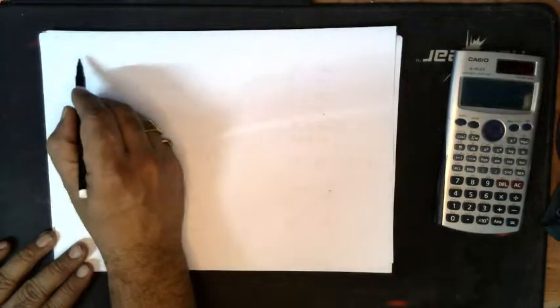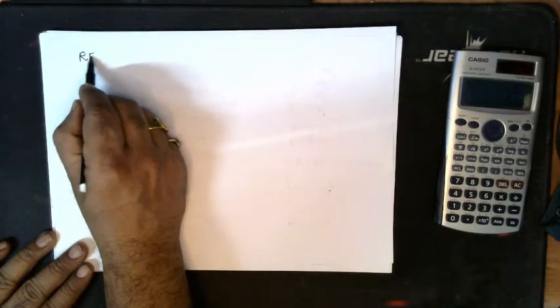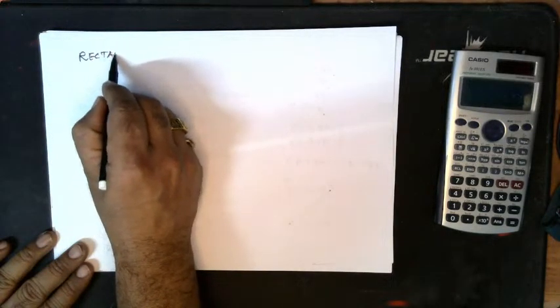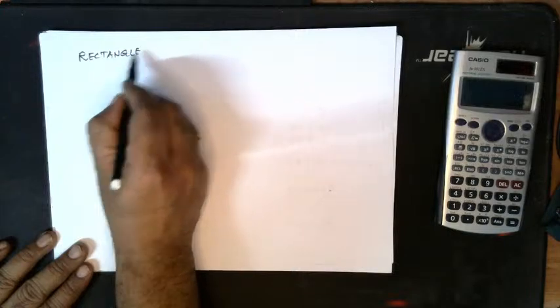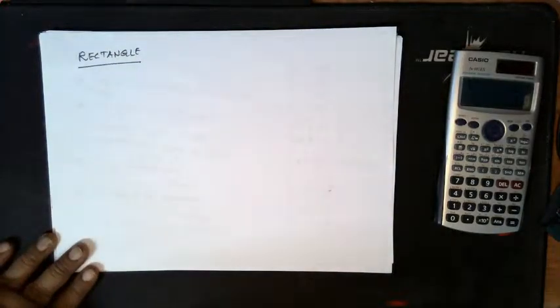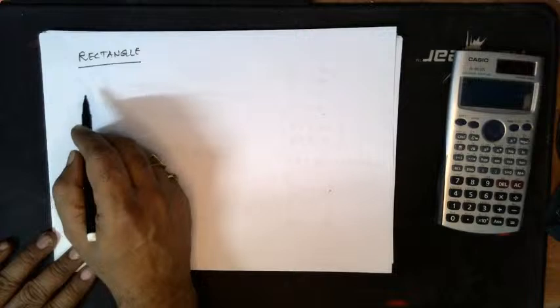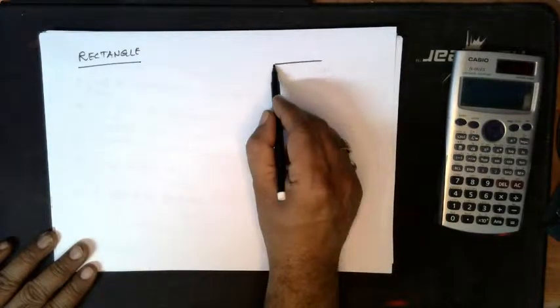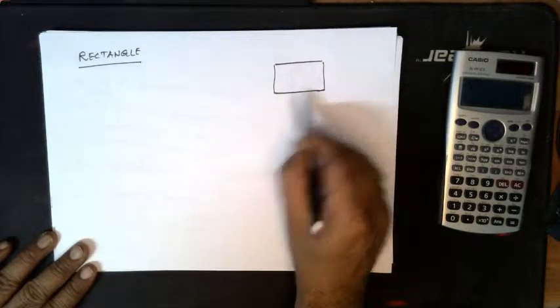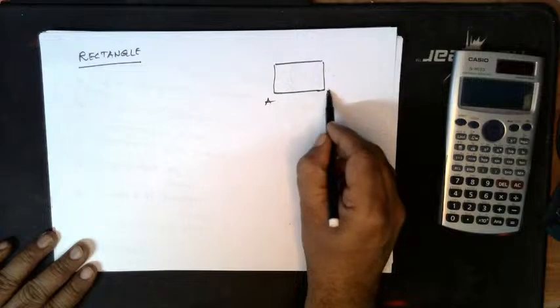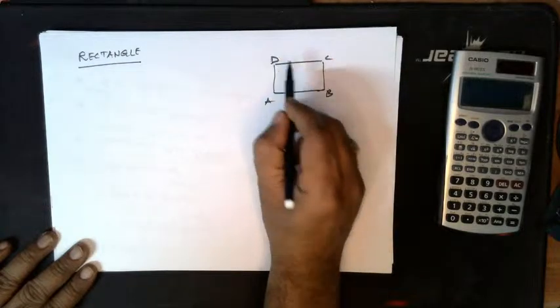Rectangle. A rectangle has A, B, C, D, 4 angles.